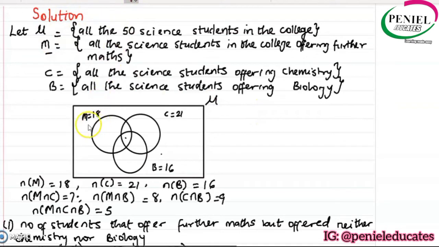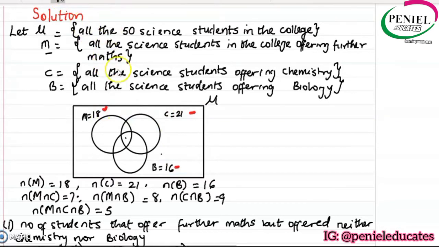We know that we have M equal to 18. Those are the numbers that were given that are offering mathematics. 21 are actually offering chemistry, and 16 students offering biology. All right, so we have 18, 21, and 16.